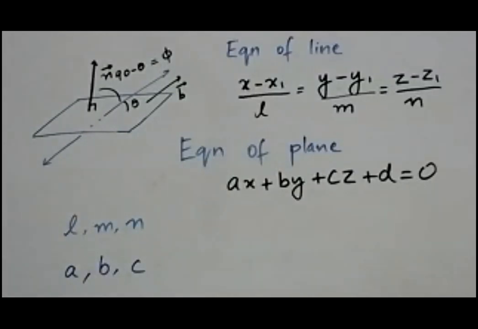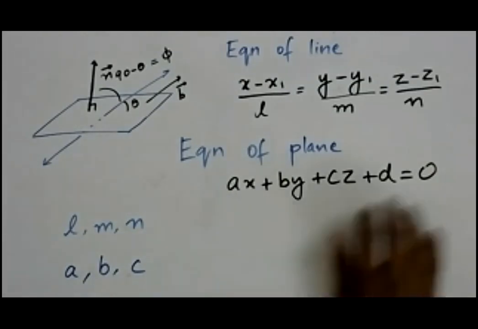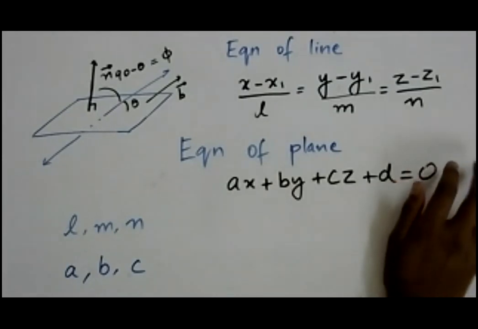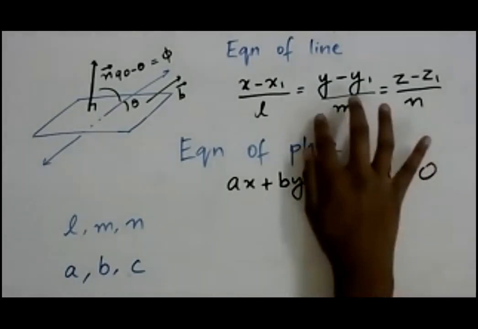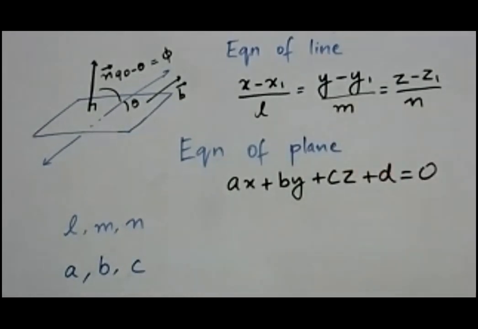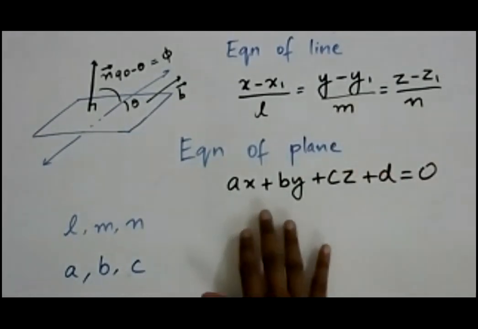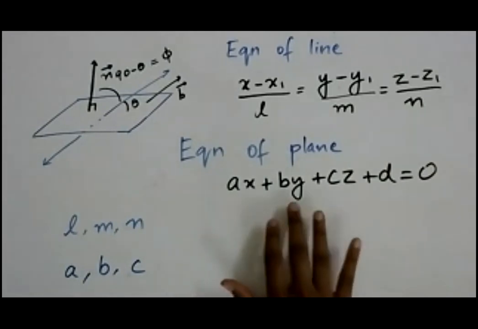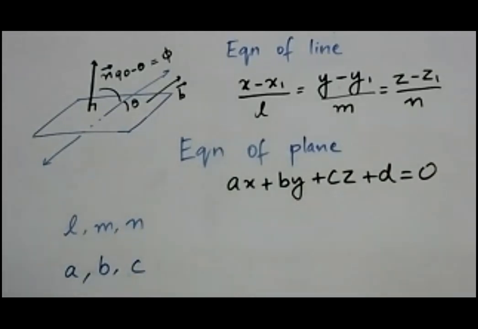Our next step is to find the angle between the line and the plane in Cartesian form. The equation of the line, we can consider to be (x minus x1) by l = (y minus y1) by m = (z minus z1) by n. And we know that the equation of a plane in Cartesian form is ax + by + cz + g = 0.